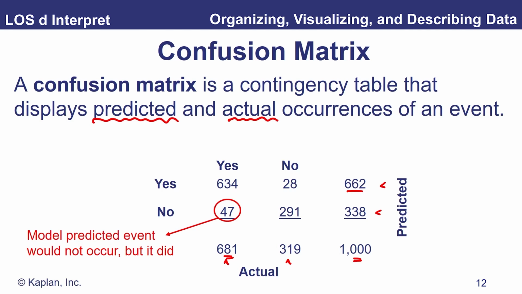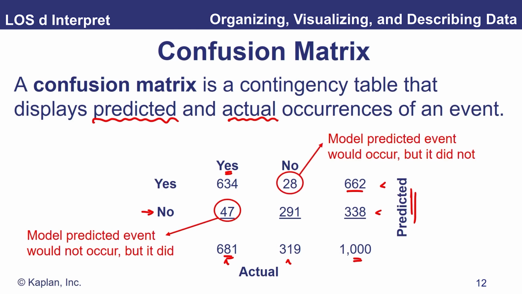Notice when we look across, we're in the no row, and that's our predicted. So we thought it wouldn't happen 47 times, when in fact it did happen because it's in the yes column. So the model predicted the event would not occur, but in fact it did.